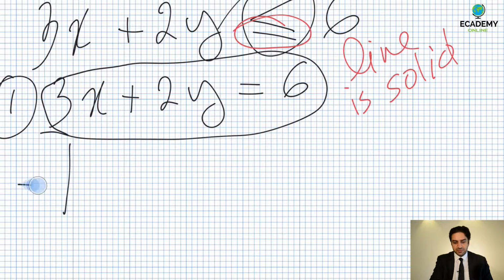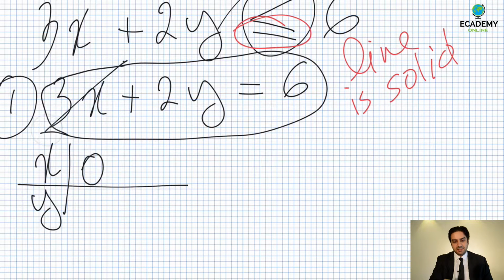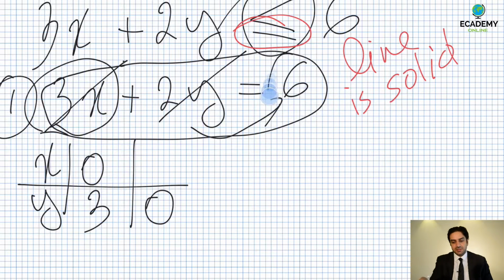We'll use the table of values, just as we did with graphing lines, x and y. When x is 0, I just basically cover the x. That means 2y is equal to 6, so y equals 6 over 2, which is 3. When y is 0, I'm covering the y, I'll have 3x equals 6.